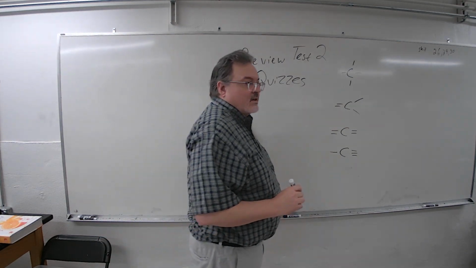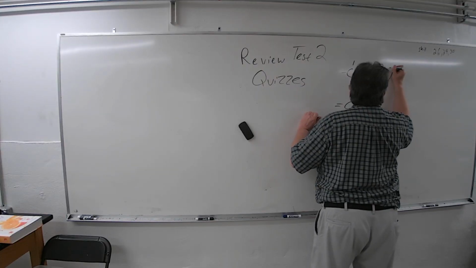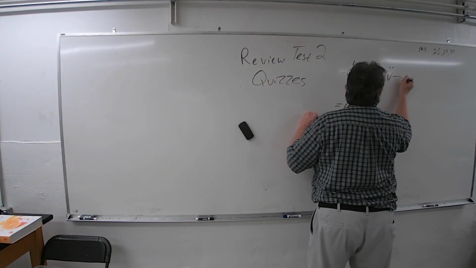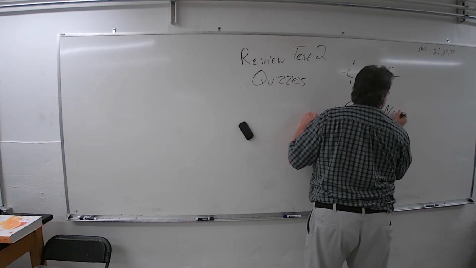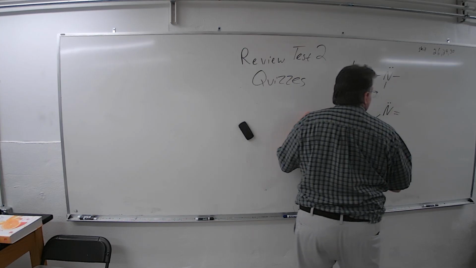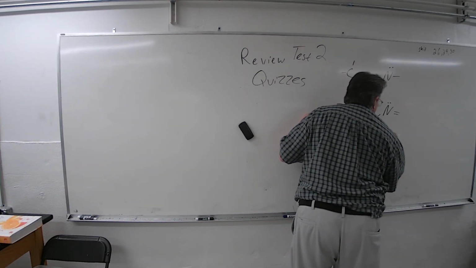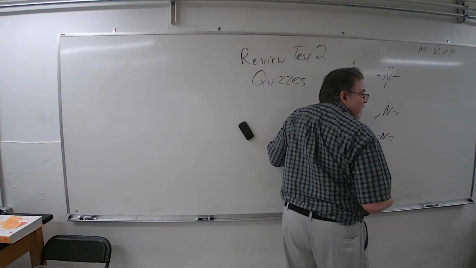Remember this? Nitrogen has a pair. You might see it bonded to 3 different things. You might see it bonded to 2 different things. That's all you have to worry about with this. Nitrogen can do this, but that's not going to show up in this discussion.